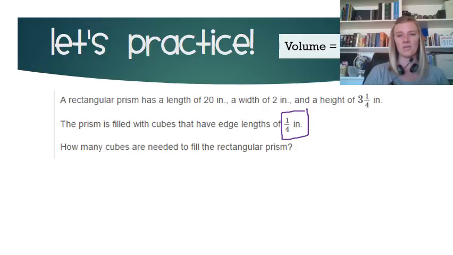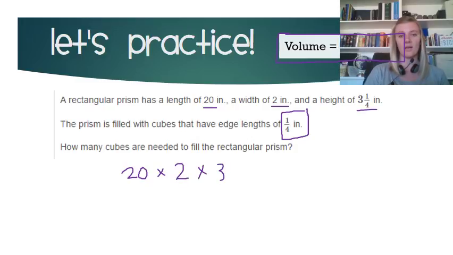But first, we're going to find the actual volume of our rectangular prism. And we're going to use the volume formula up here in the top right corner, length times width times height. So our length is 20. We're going to take 20 times our width of 2 times our height of 3 1/4.